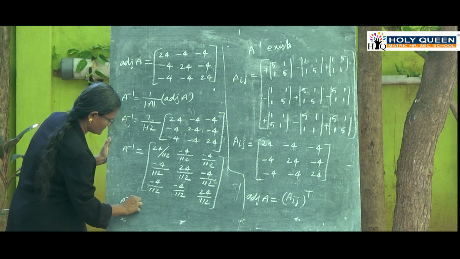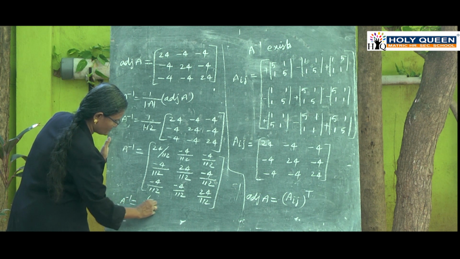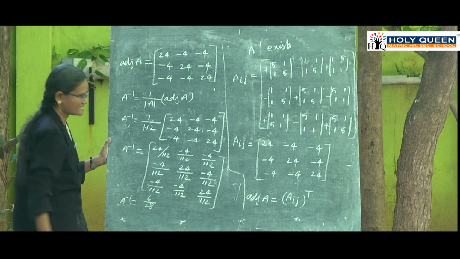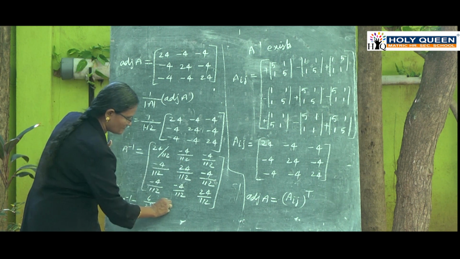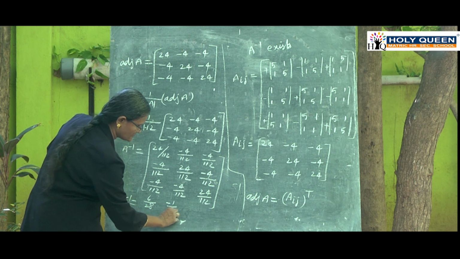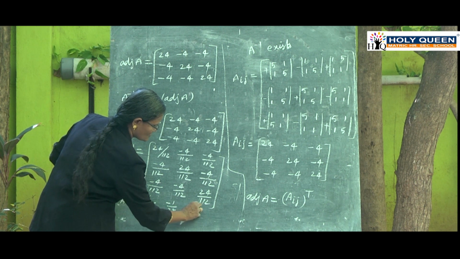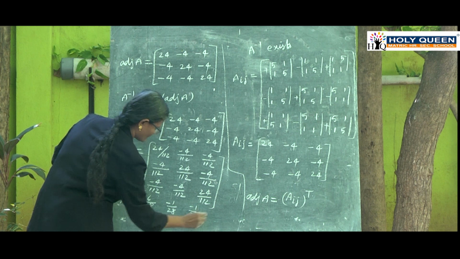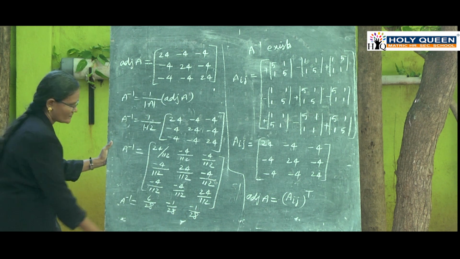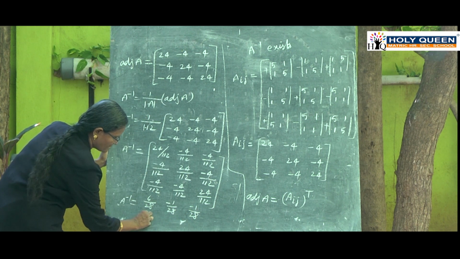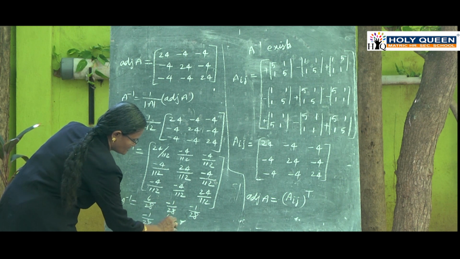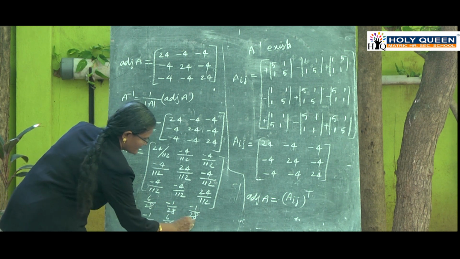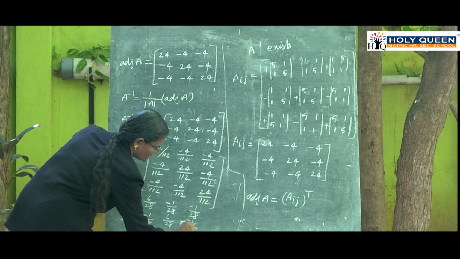Therefore, A inverse is equal to 6 divided by 28, and cancelling these two numbers by 4, we get minus 1 divided by 28, next one minus 1 divided by 28. In the second row, cancelling these two numbers, we get minus 1 divided by 28, 6 divided by 28, next one minus 1 divided by 28.